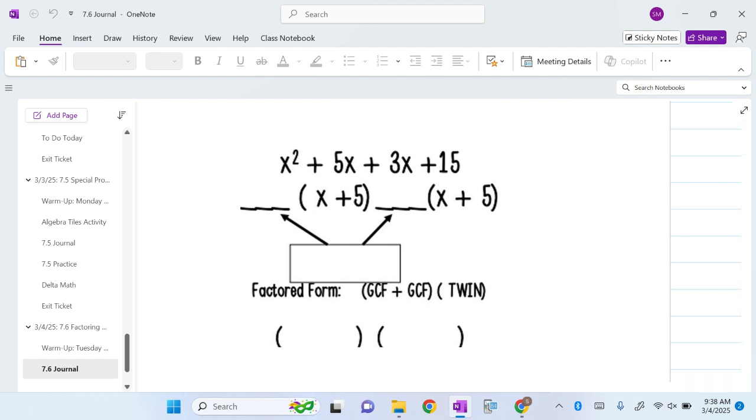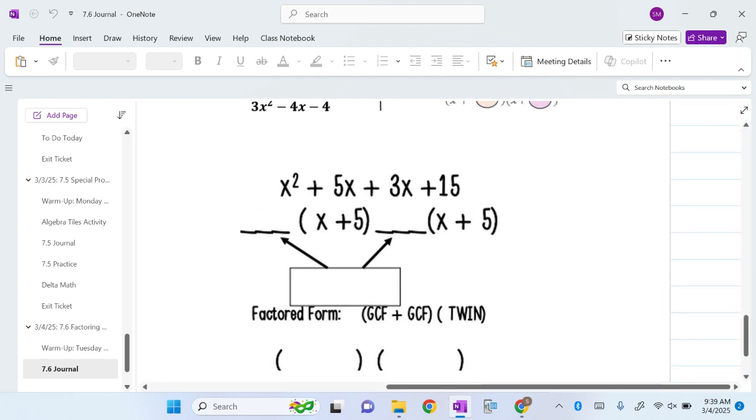That's a name of an expression. That's grouping. So this is grouping.